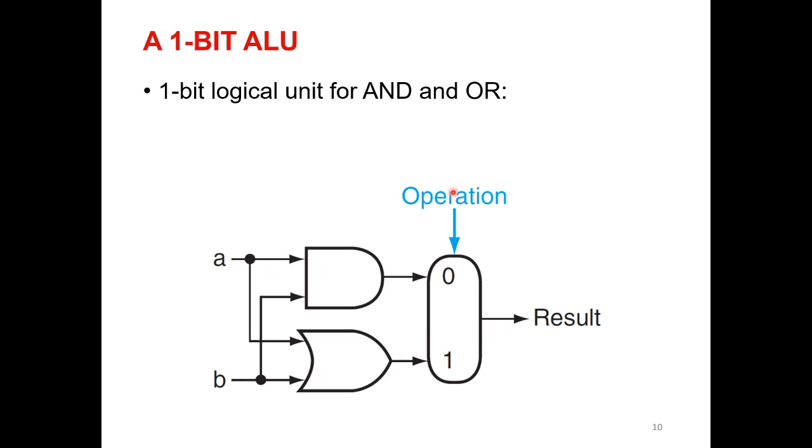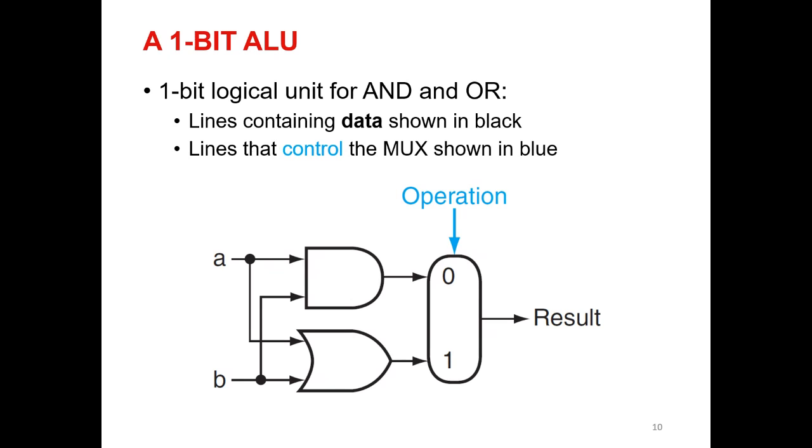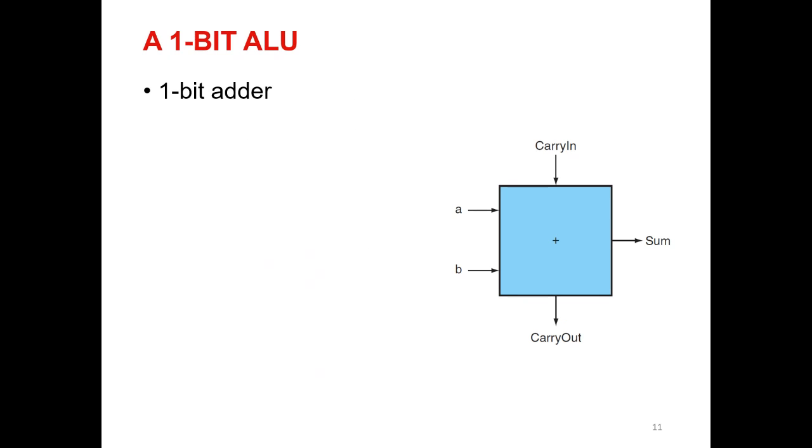That will be selected by the input selector of the multiplexer, which will be 0 for an AND and 1 for an OR. With this, we will have the hardware which is inside a 1-bit arithmetic logic unit for implementing an AND and an OR logical operation. Okay, make sense? So now, let's see how we perform addition, for instance.